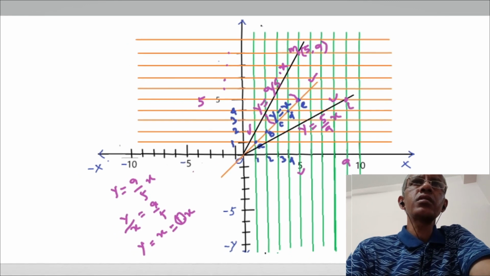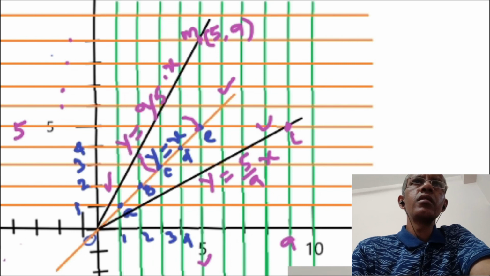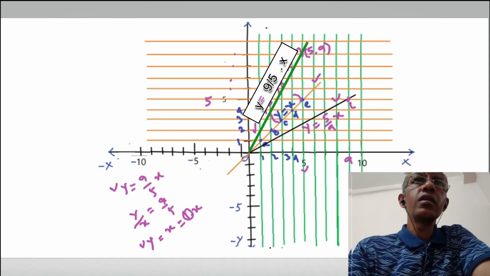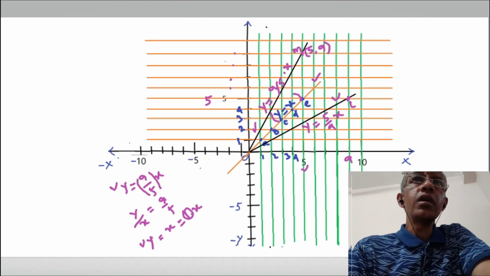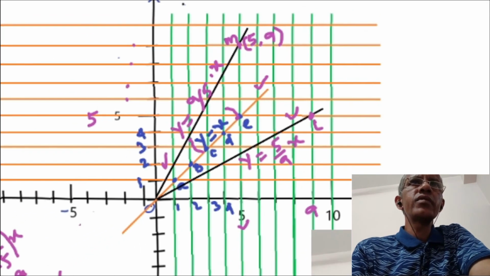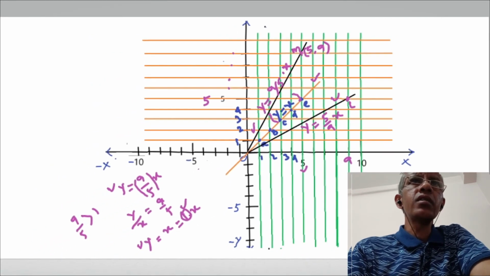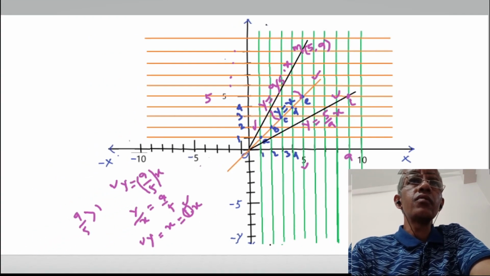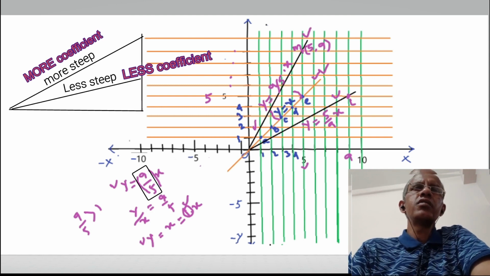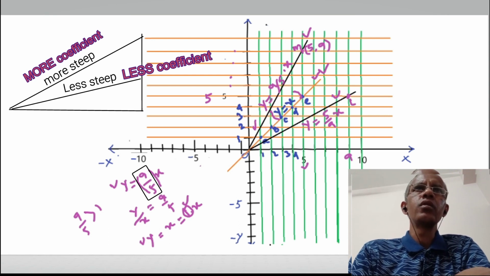So in this case, for the lines, this one and this one, here the coefficient was 9/5, and in this case it is 1. So the line having the coefficient of 9/5 will be steeper than the one with the coefficient 1. So it is very much clear from the coefficient of the variable as to which one would be steeper.